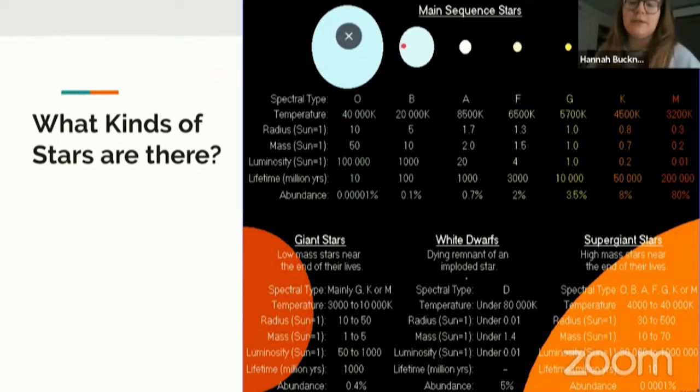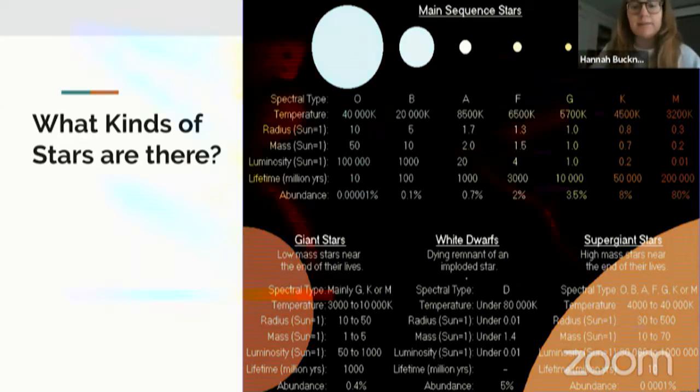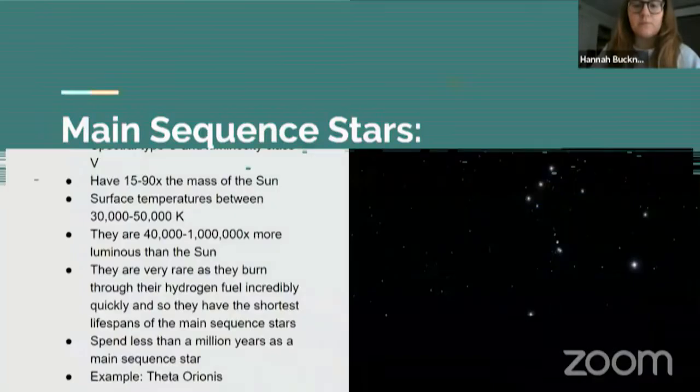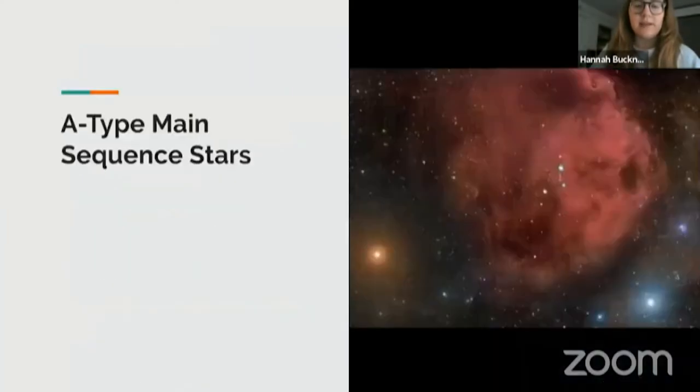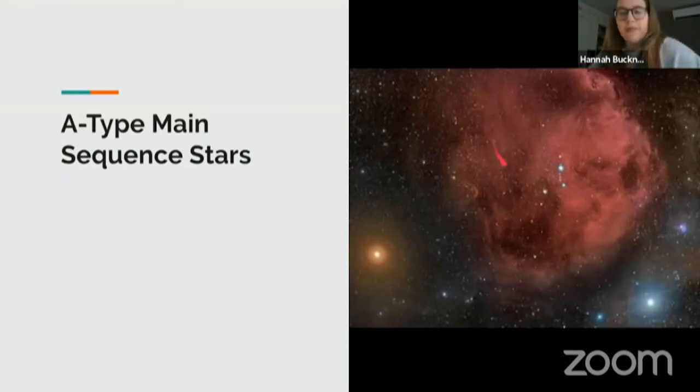And you can tell that as we're getting smaller and smaller, it's getting slightly less blue. That's because it's moving towards yellow. Then we have an A-type sequence star. So that would be here.